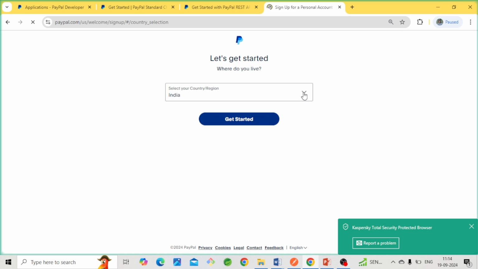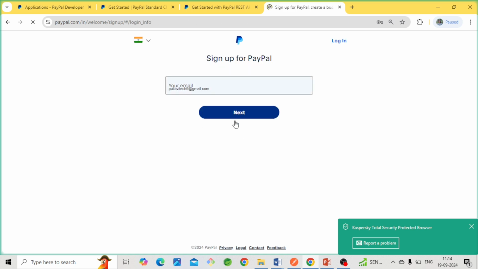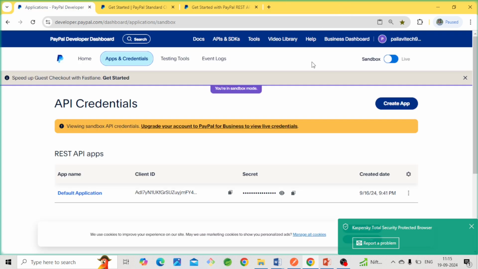We are in India to get started. After logging in, you are able to create the account in the API. After creating the account, you will get a client ID and a secret key.